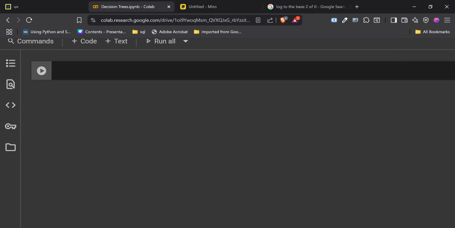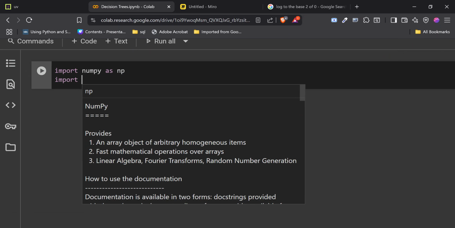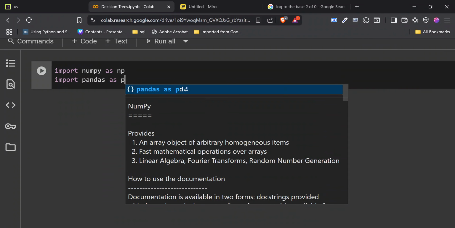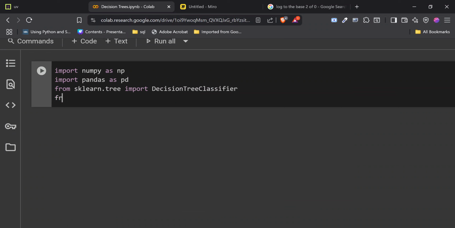So we're going to say import numpy as np, import pandas as pd, from sklearn.tree we're going to import, let's just look at DecisionTreeClassifier. I'm going to say import plotly.express as px.